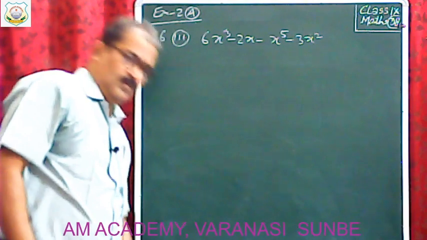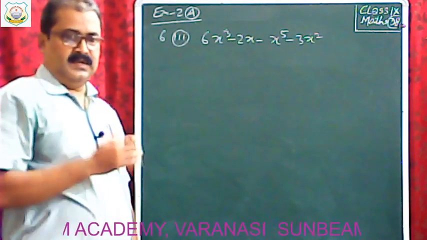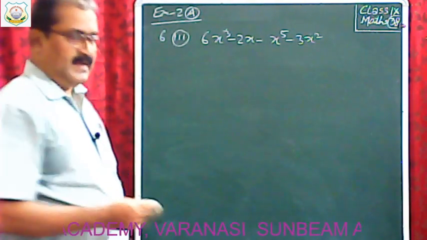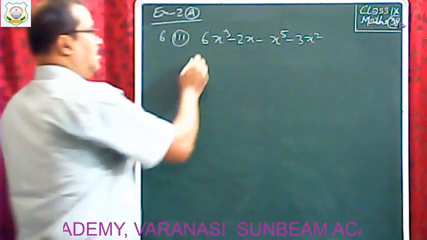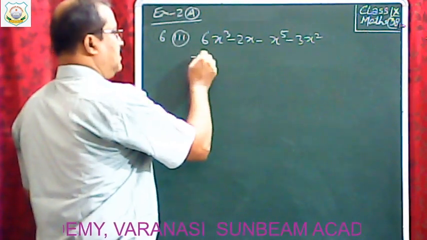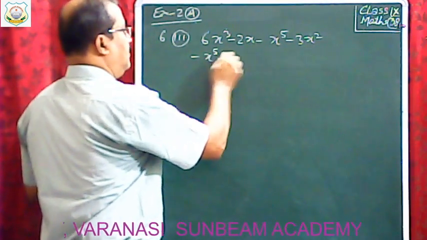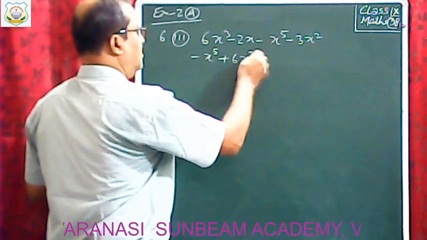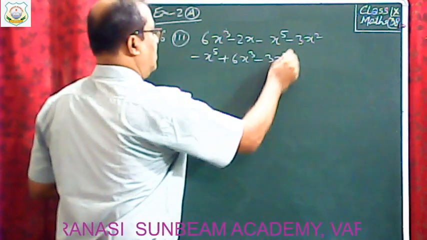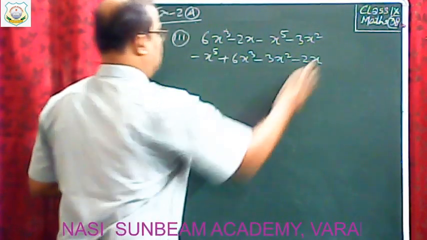The standard form you know, according to descending order of power of terms, you have to rearrange the terms. So first of all, you have to write the highest power term, that is minus x to the power 5 plus 6x cubed minus 3x square minus 2x.